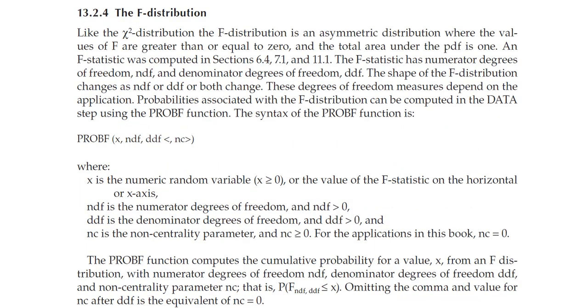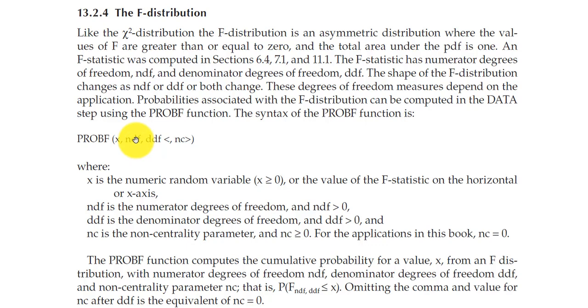So we have t-inverse, chi-inverse, and now we're looking at the f distribution. So you can probably guess what's going to happen here. It's prob f, the value of the f statistic. Remember, f has two different measures for degrees of freedom: numerator degrees of freedom and denominator degrees of freedom. It also has a non-centrality parameter application, but for us, we're just going to close the parenthesis. And so this is very order important.